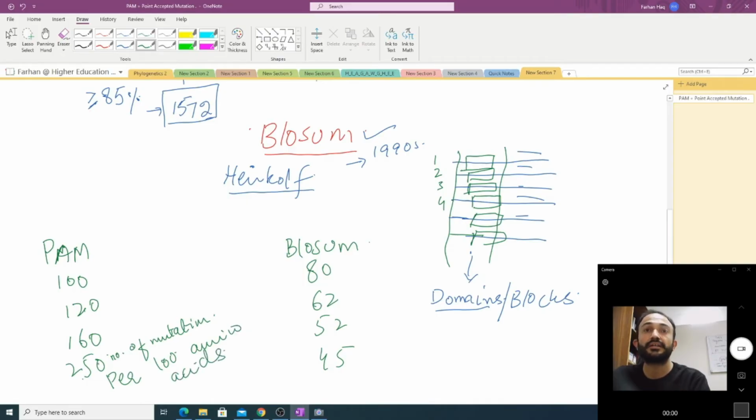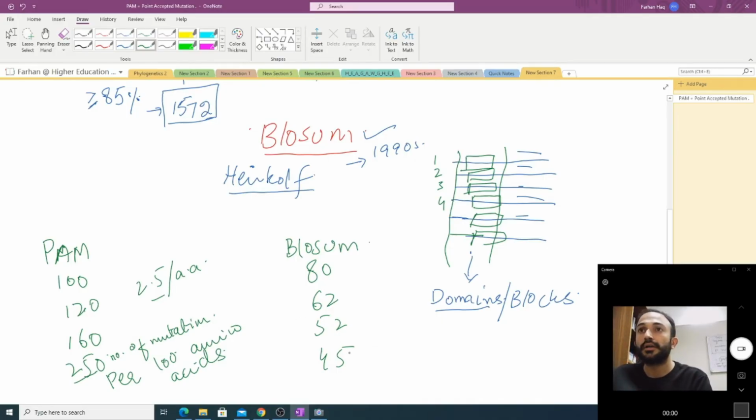So in 100 amino acids, there is a possibility of 250 mutations, meaning 2.5 changes per amino acid are possible according to PAM 250. And PAM 100 means 100 mutations per 100 amino acids. Similarly for BLOSUM, it is the opposite, because here we are talking about changes and there we are talking about conservation.